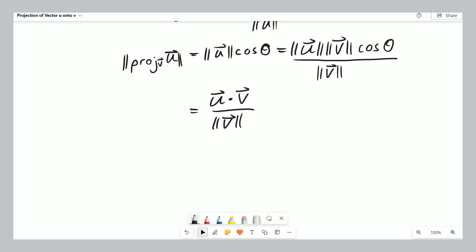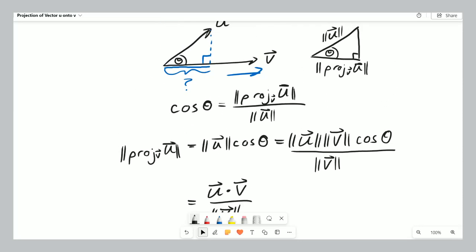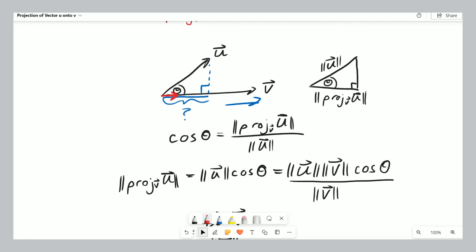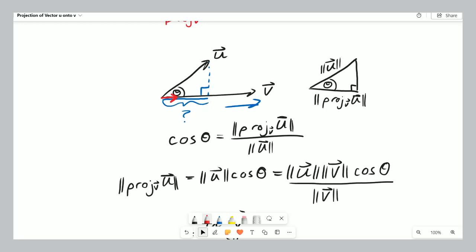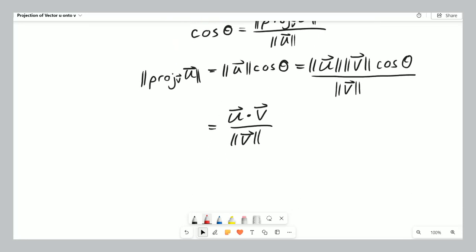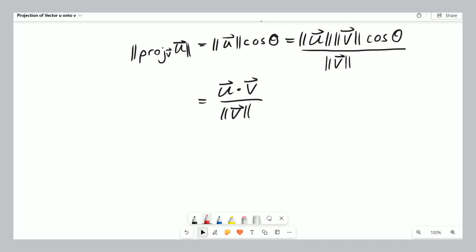If we want the actual projection, we now have to multiply that magnitude by the unit vector which is in the direction of v. So, what is that unit vector? Well, here's what it is.